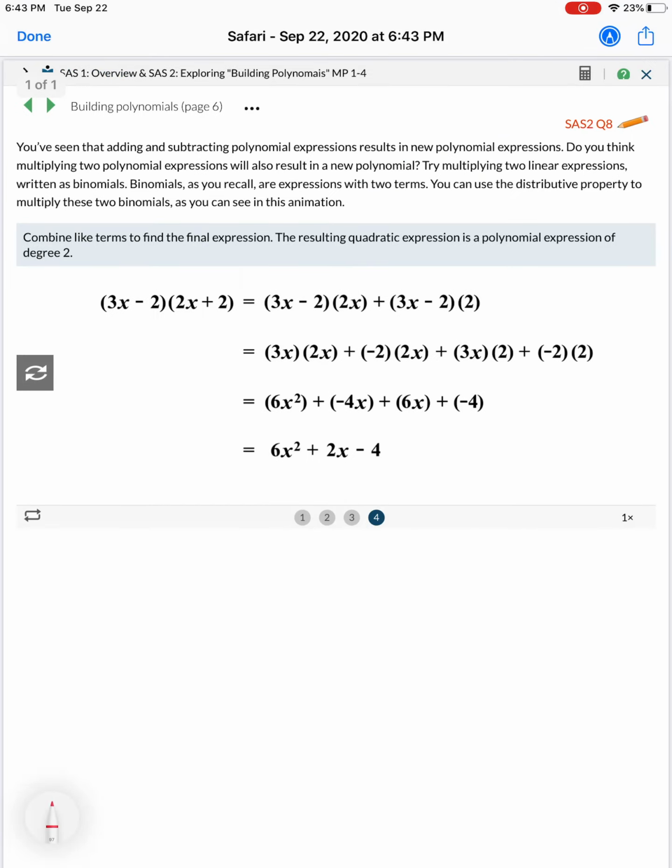Alright, that's how Agile Mind teaches you. Here's how Miss Ellery teaches you.